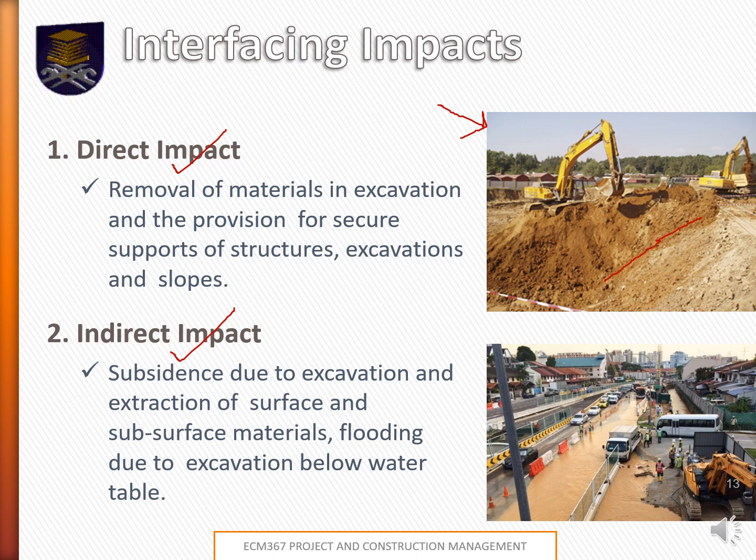Let's say no safety prevention measures are taken into consideration. The possible hazard that might occur is the stability of the soil. The slope can fail and might contribute to an accident or other injuries. So that is direct impact.